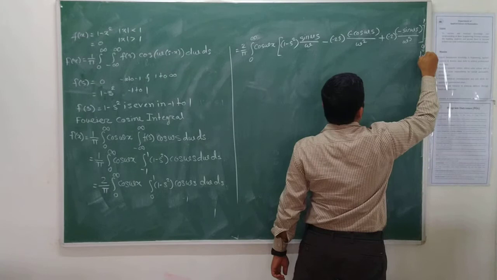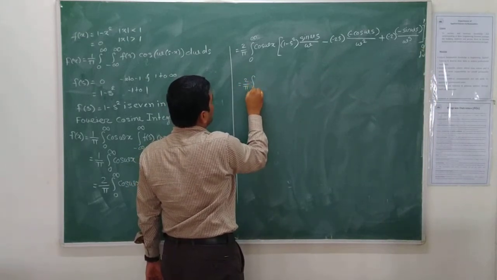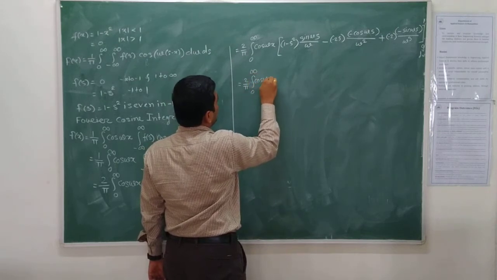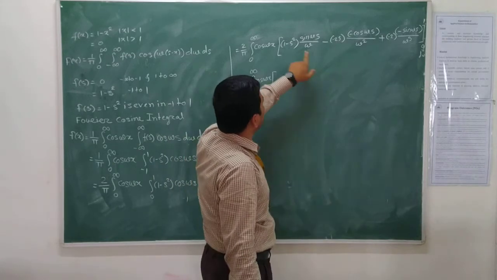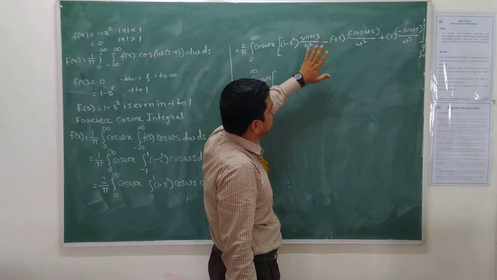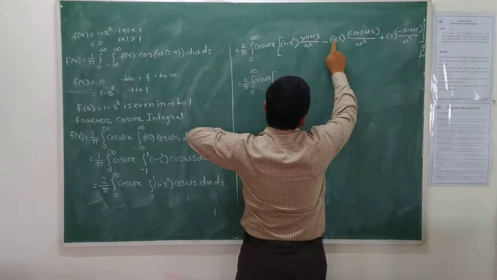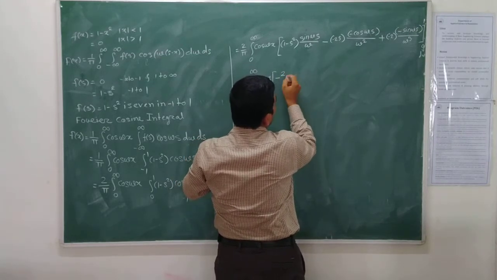This term remains as d omega. So this is 2 upon pi, integration from 0 to infinity cos omega x into bracket. We substitute the upper limit 1 here. 1 minus 1 becomes 0, and 0 into this is 0, so these terms are going to be 0. Minus minus minus becomes minus 2.